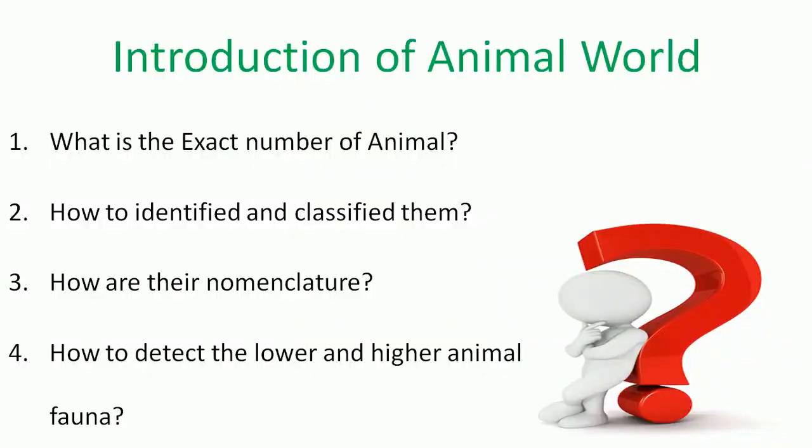Then we initiate the very simple introductory part, the introduction to the animal world. When we take the name of the animal world, some questions immediately come to mind. The first question: what is the exact number of animals?